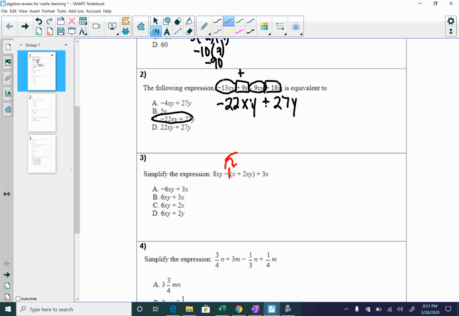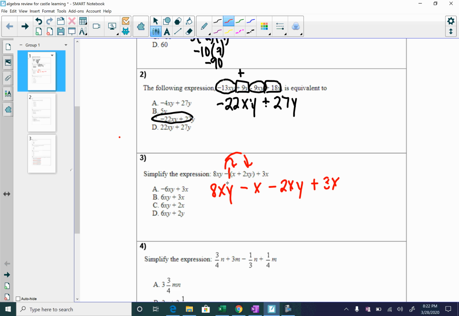So what happens when you distribute -1 is that everything in the parentheses changes sign. So I'm going to bring down my 8xy. That x is going to become -x or -1x, and -2xy, and then just bring down the +3x.